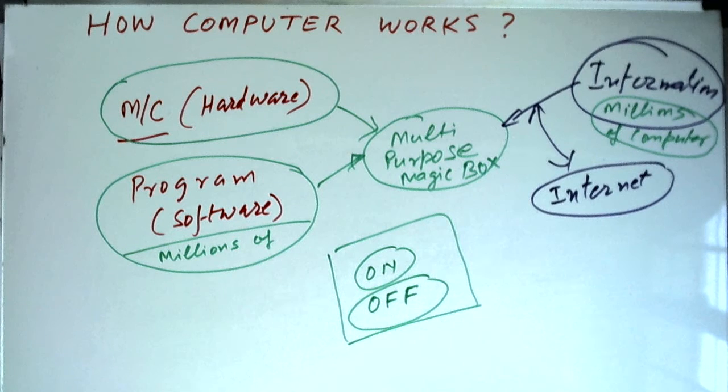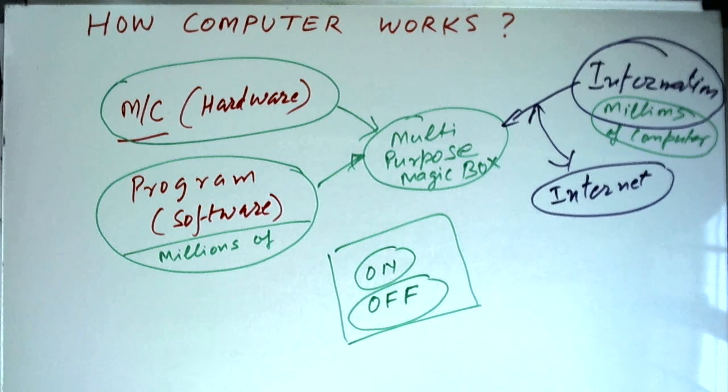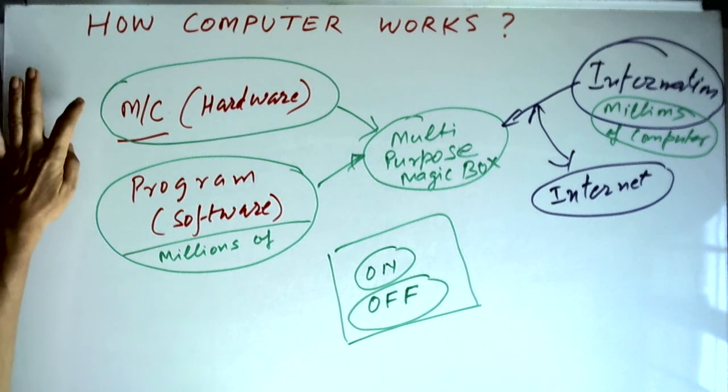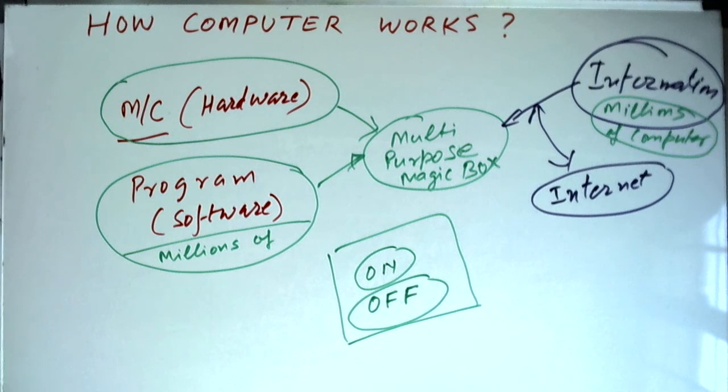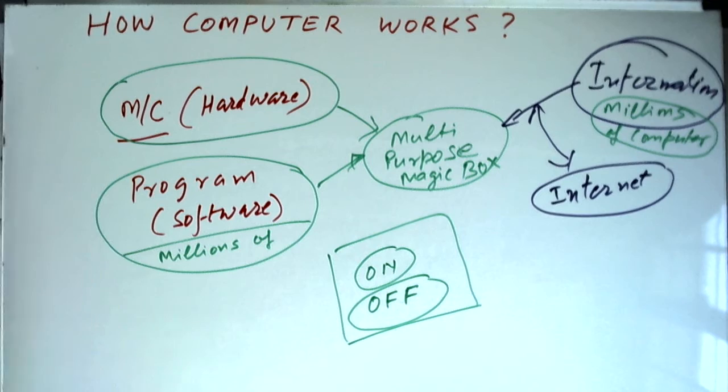So in summary, I would say that you should understand that computer has a hardware, which is what you actually buy when you go and spend 15,000 rupees or 20,000 rupees or 30,000 rupees. You are primarily buying the hardware or the machine. After that, some programs come free of charge, and some programs you will have to pay for.